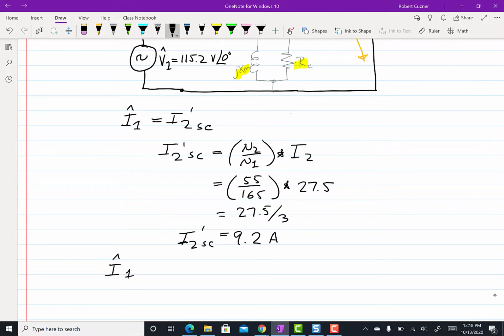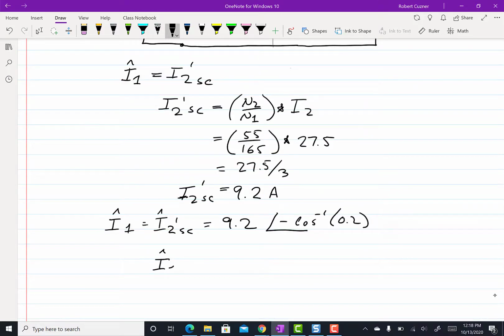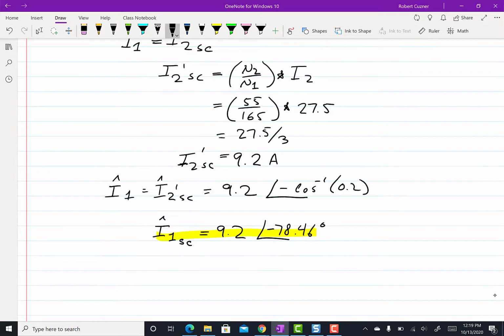So we know the full phasor form of the primary referred current is 9.2. I'm just going to call this I1 short circuit, and negative 9.2 at negative 78.46 degrees. So from that we can find the short circuit impedance.